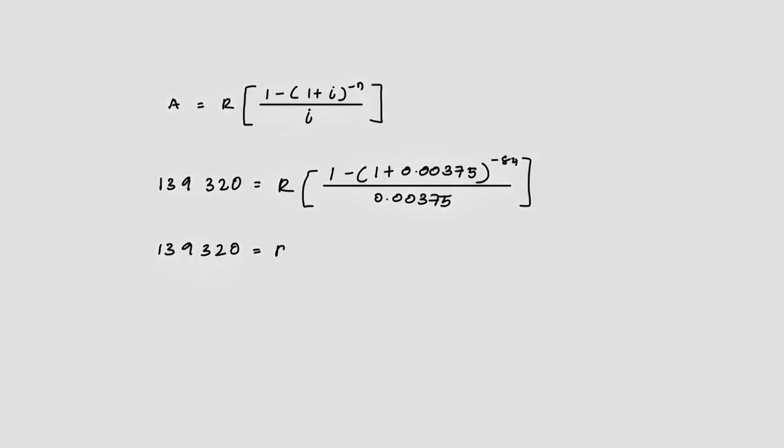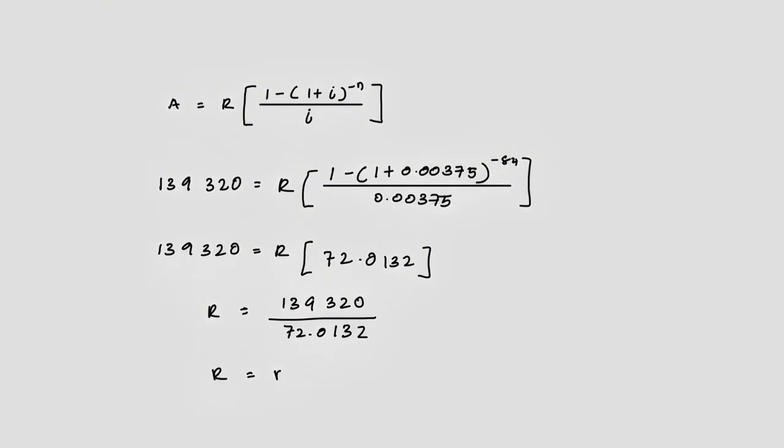After calculating the expression inside the bracket, we get 72.0132. To find R, we divide 139,320 ringgit by 72.0132. This gives us R equals 1,934 ringgit 65 cents. Therefore, the borrower needs to pay 1,934 ringgit and 65 cents every month for 84 months.